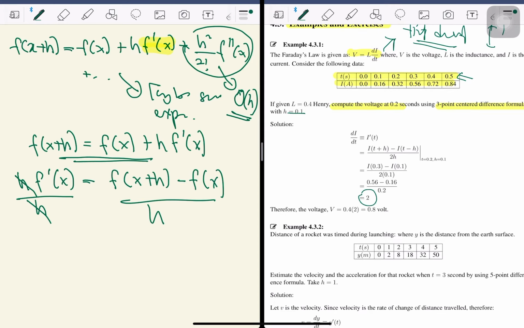But the question asks you to compute the voltage, right? So the voltage is equal to L I prime. L is given, so don't forget to multiply it with the values that you calculated using the 3-point centered difference formula.